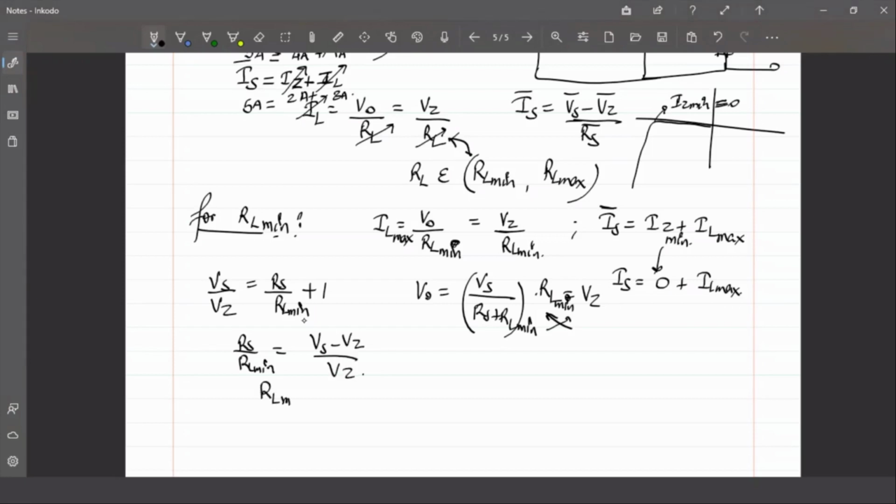And what will be RL minimum? RL minimum will be equal to Vz into Rs divided by Vs minus Vz.